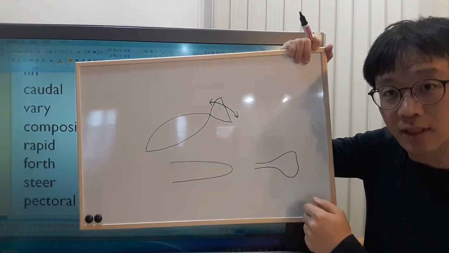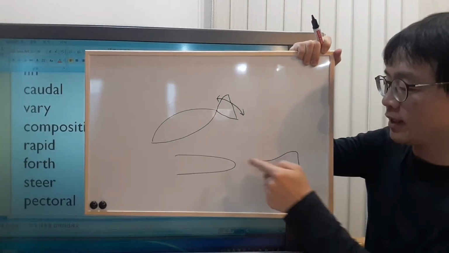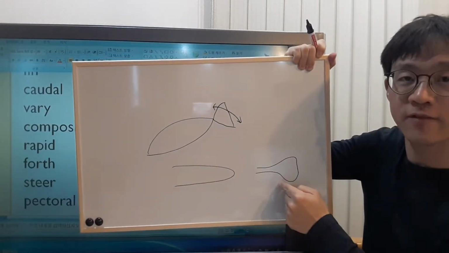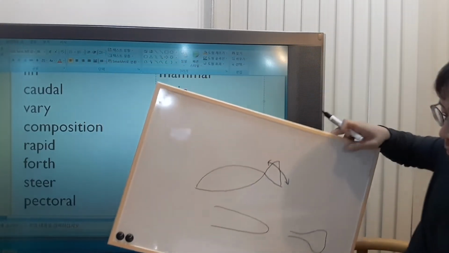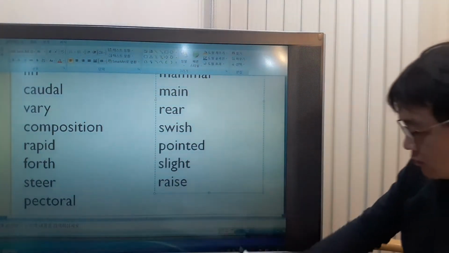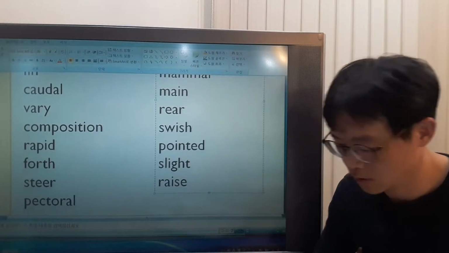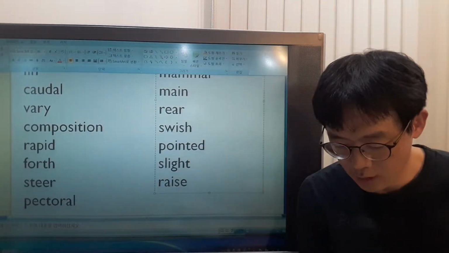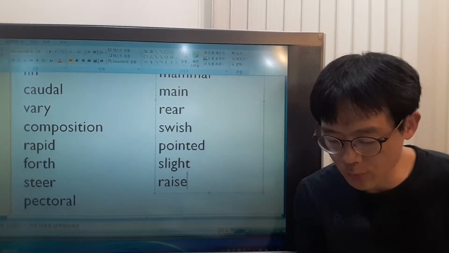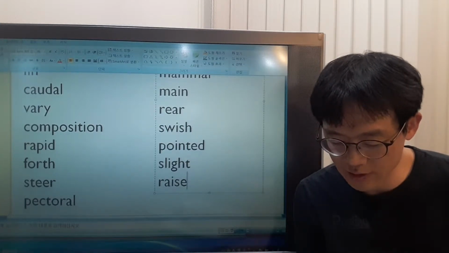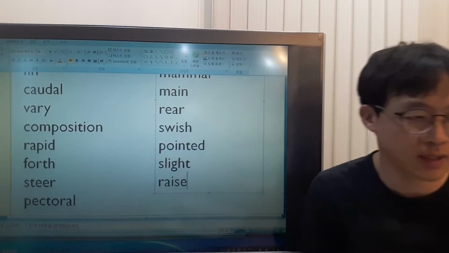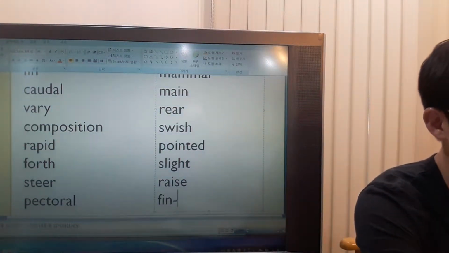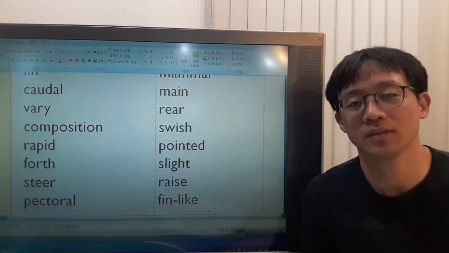You understand? Okay. So this is why this one is a tail and this one is a fin. It has raised parts on the top and the bottom that are obviously fin-like in nature. What does fin-like mean? Fin-like means it's like a fin. Alright?